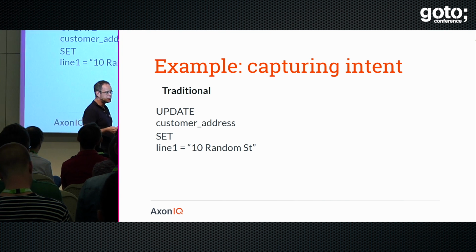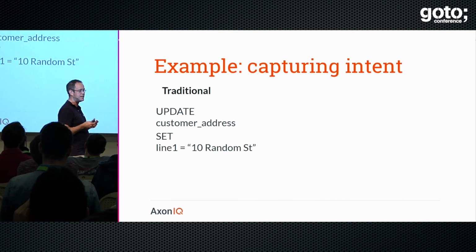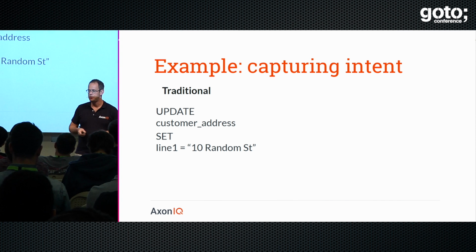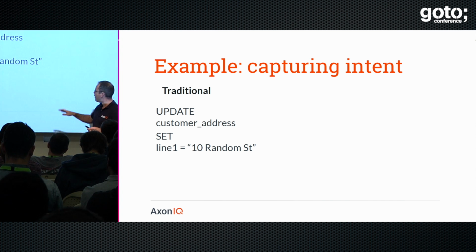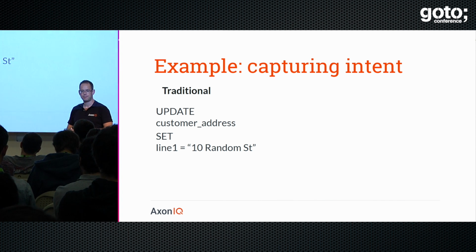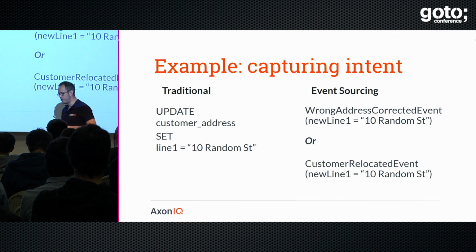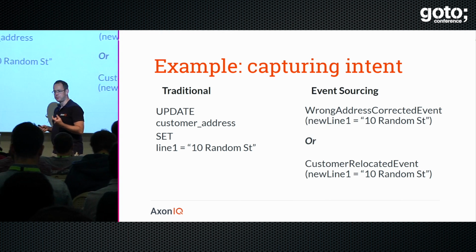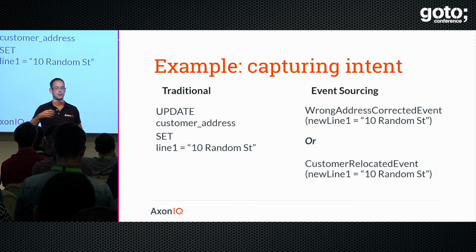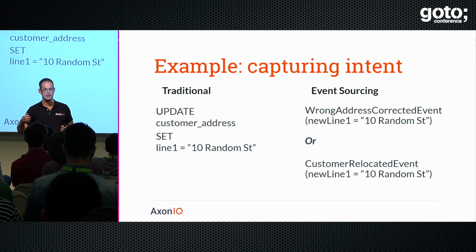Another reason to do event sourcing is that it's interesting to capture intent. So suppose I have a customer database, and I'm updating the address with a simple update statement. It will work, but it will not show any information as to why that address was updated. In an event-sourced system, what you would do is create events that specify what happened, and they would have as a result that in read models the address gets updated.